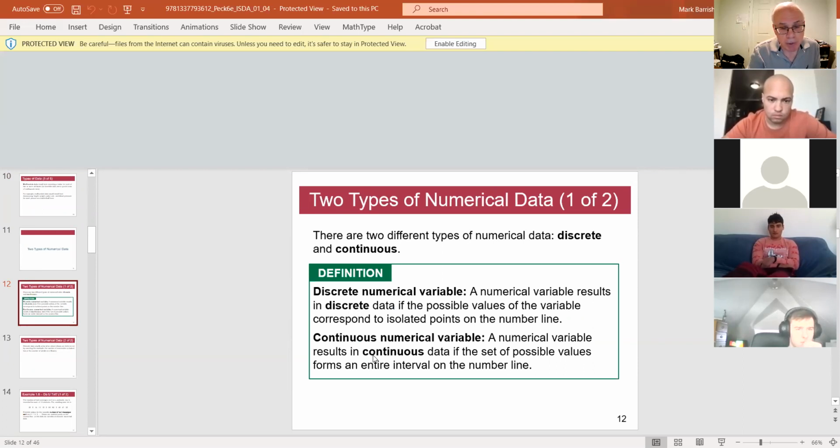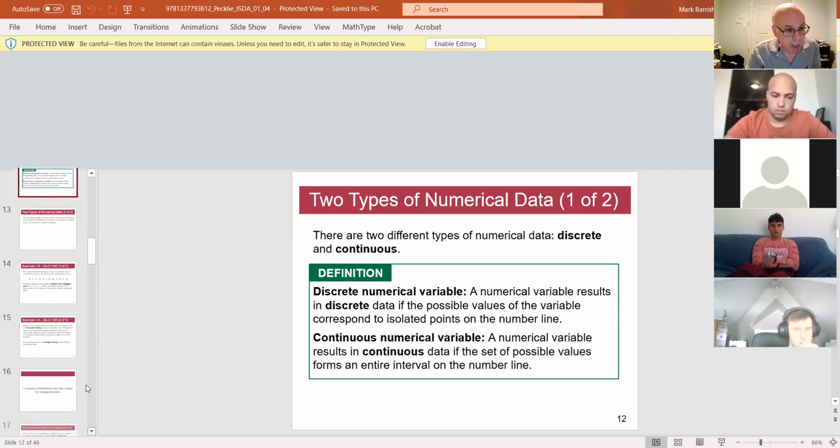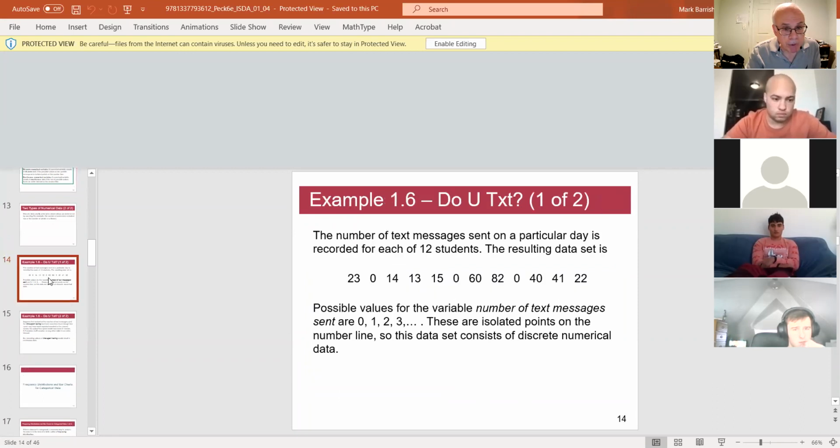And continuous means that there could be any value in between in an interval of values on a number line. So you can have a left endpoint and a right endpoint of an interval. Any values in between those two endpoints would be part of a continuous numerical random variable. All right. Okay. So again, just reviews of this.